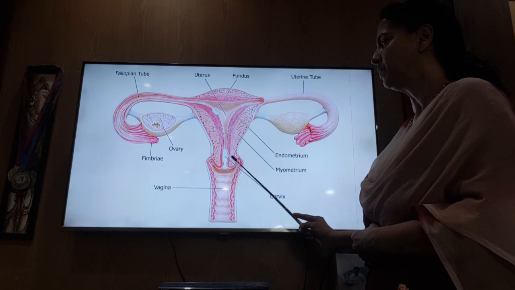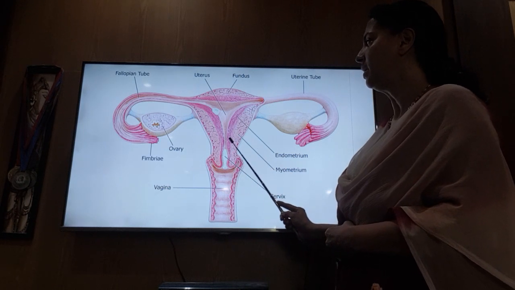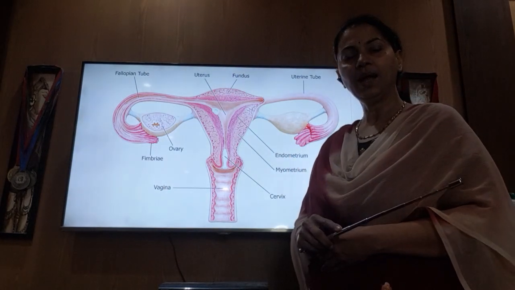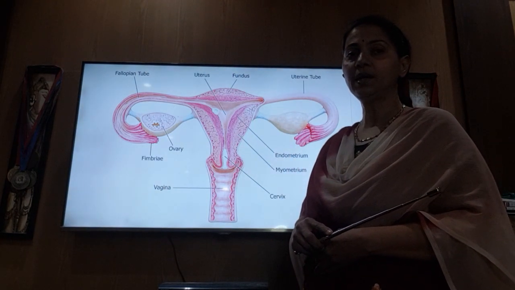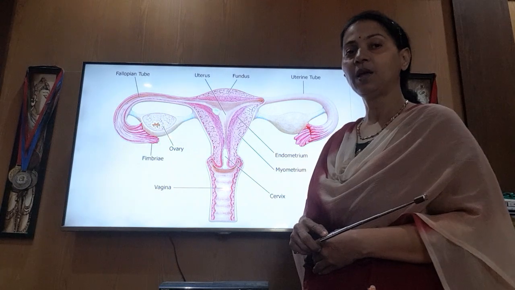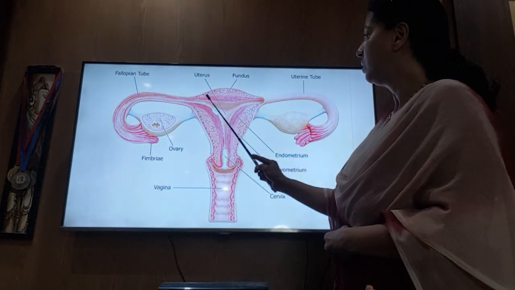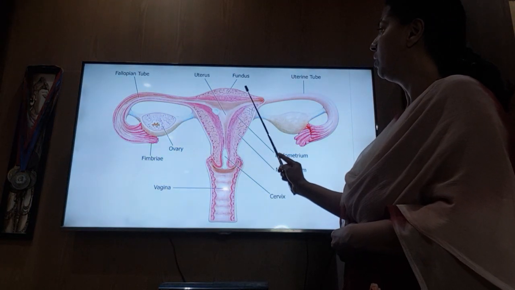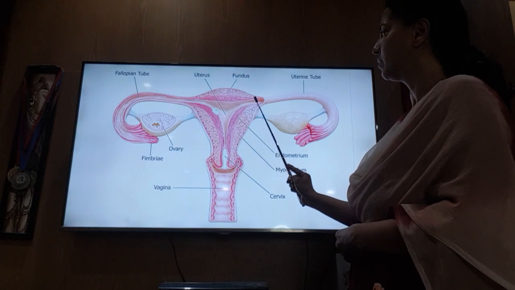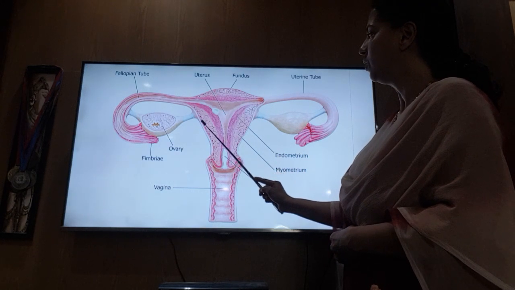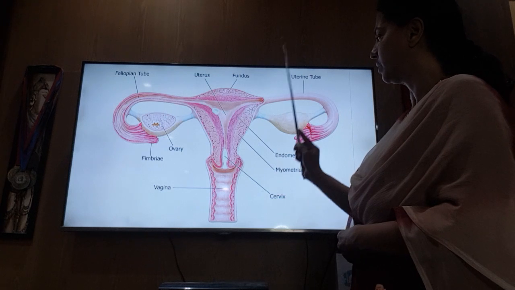This is the vagina. This is called the cervix, and the upper part is the body. And the body is further divided, so this upper part is called the fundus of the uterus, and this is the lower part of the body of the uterus.